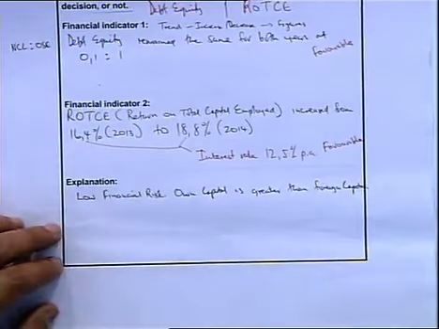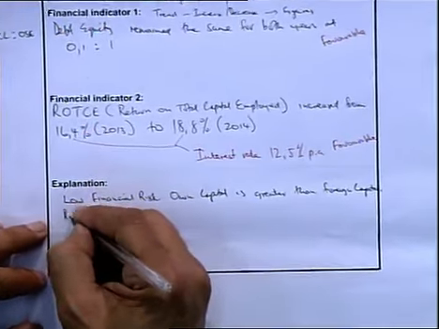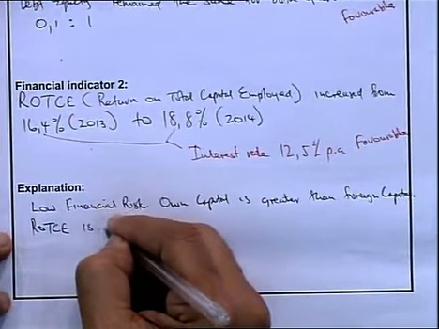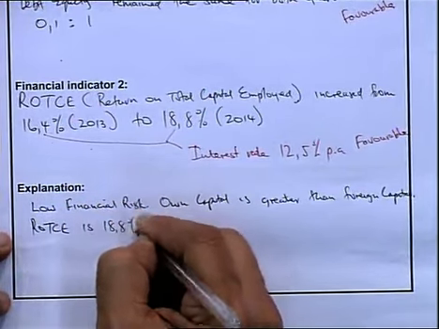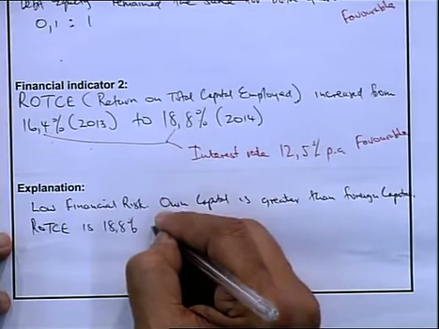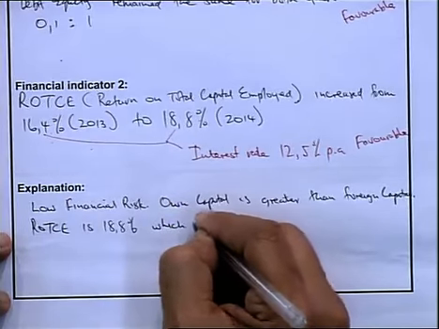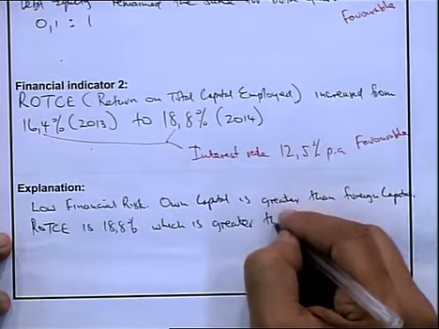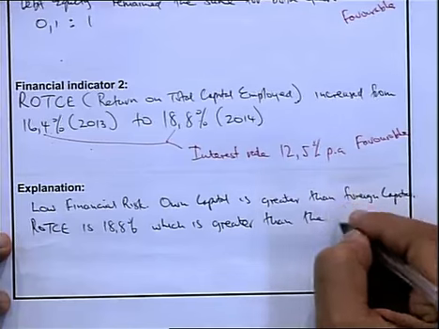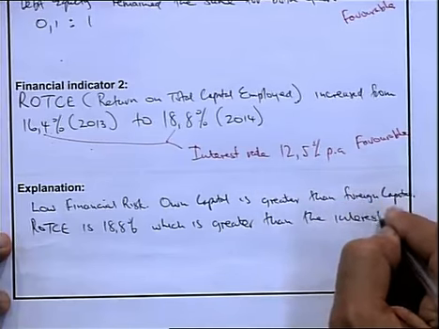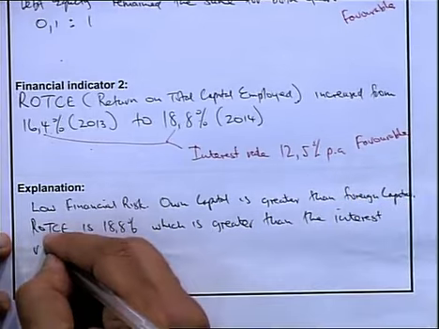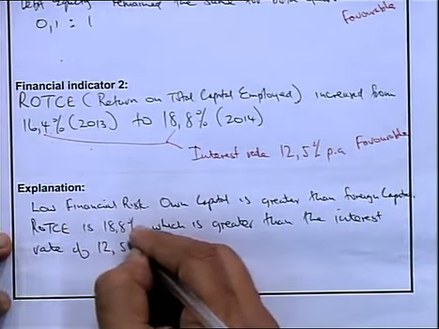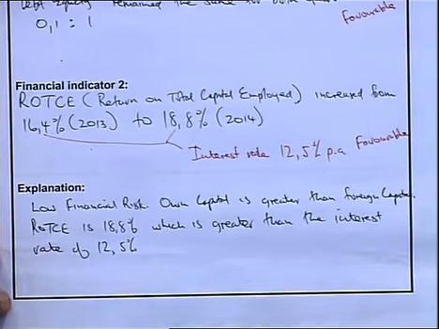Right? So this comment, when you say return on total capital employed is 18.8%, which is greater than the interest rate of 12.5% per annum.